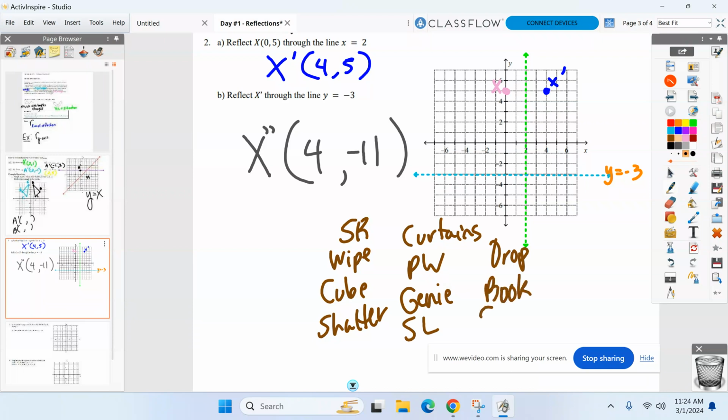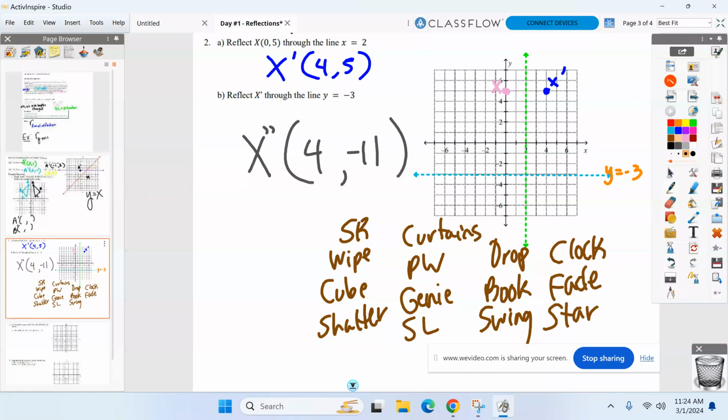Swing. Fade. I already have swing. Missing a classic one. But there it is. Is that all of them?